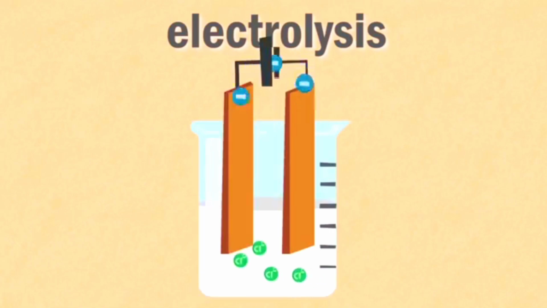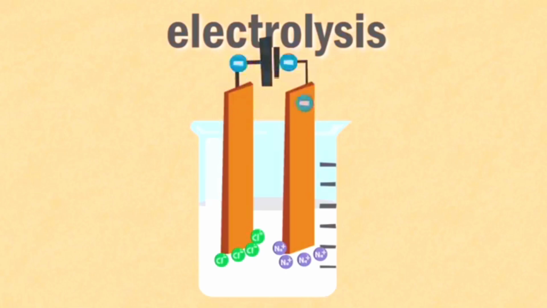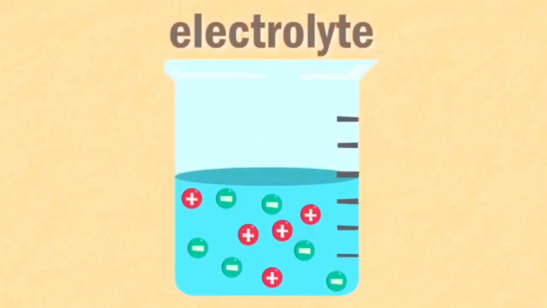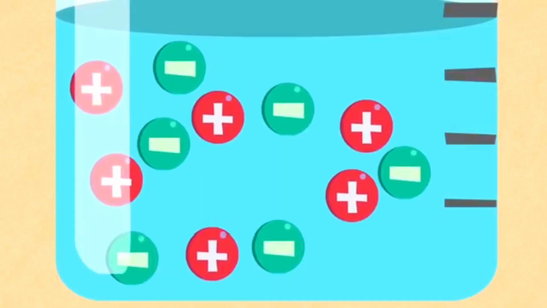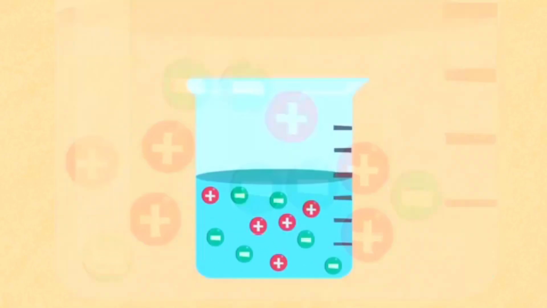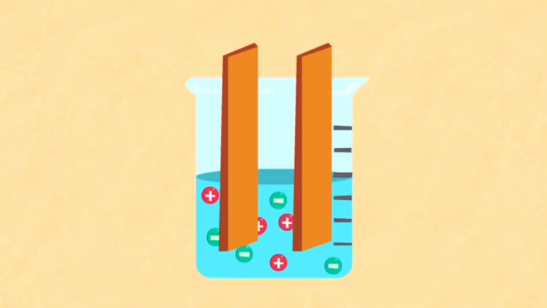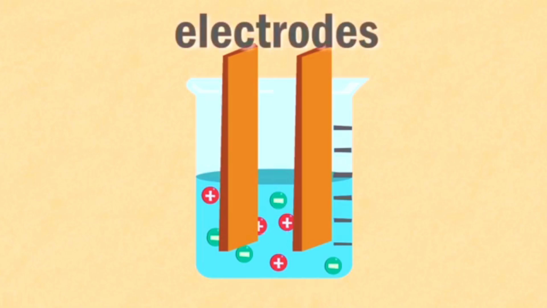To summarise, electrolysis is the flow of electrical current in a conducting solution or molten liquid that causes chemical changes. The conducting liquid is called an electrolyte and has free moving ions. The conducting plates, bars or wires inserted into an electrolyte are called electrodes.